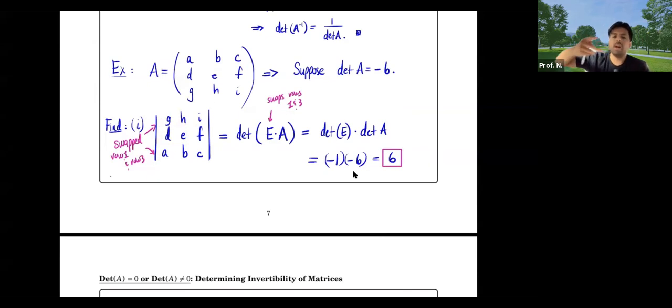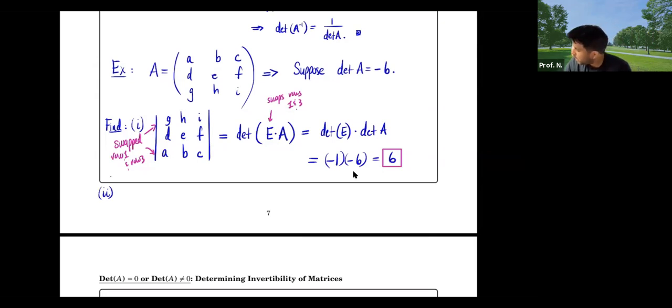So depending upon how many times I swap my rows, it's going to affect the number of times I'm multiplying by -1. If I swapped it one more time, then this 6 will become -6, and if I swap it again, it would be 6, and so on. Does everybody understand that? So just swapping the rows, I multiply by -1 for every swap.